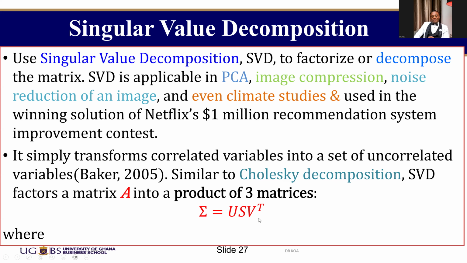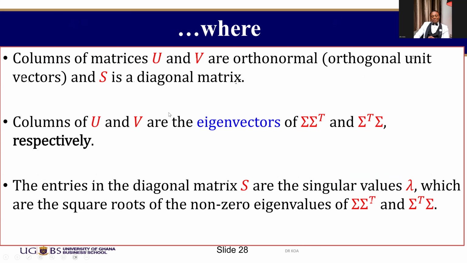What do these mean? Well, U is a column matrix. V is a column matrix. Both of them are orthogonal unit vectors. S, the last one, is the diagonal matrix.